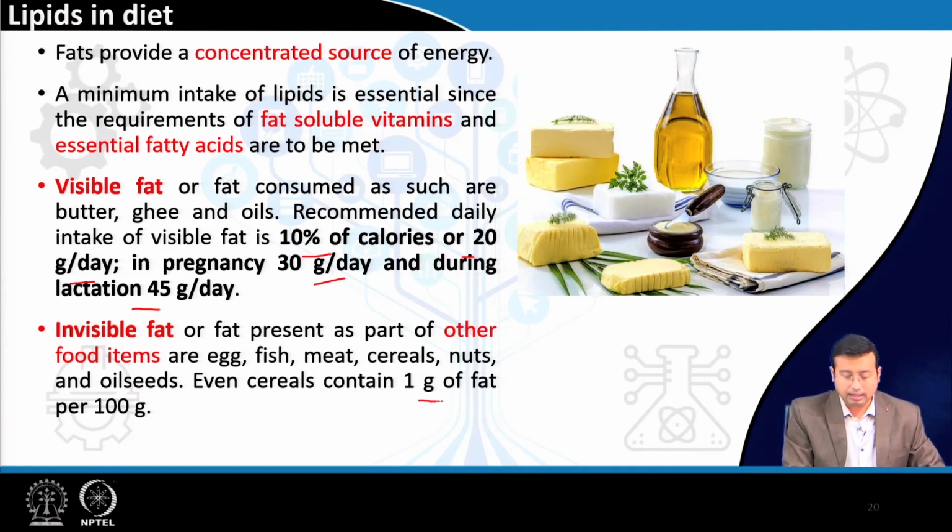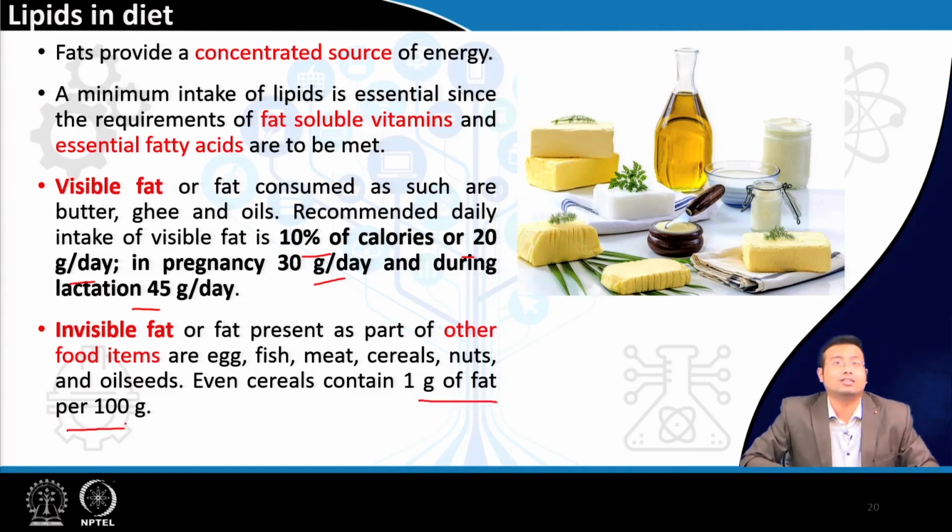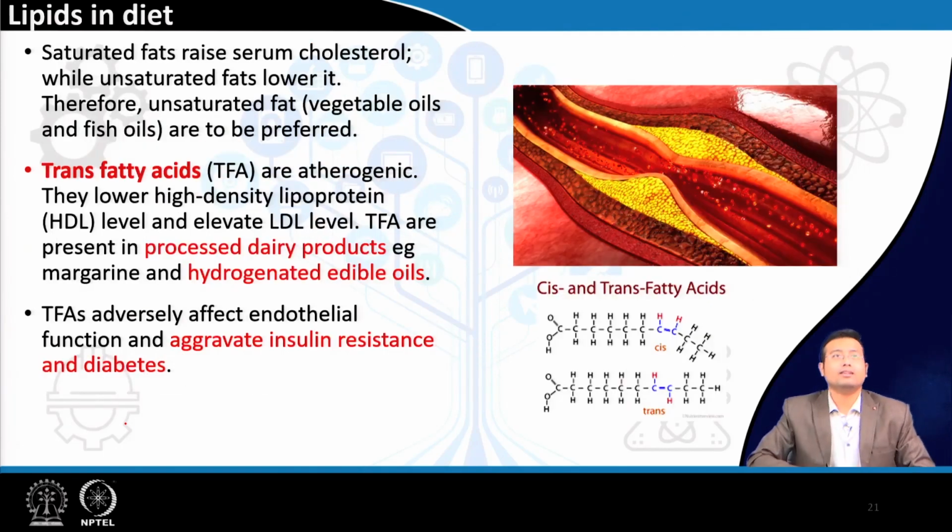For example, cereal has got 1 gram of fat per 100 gram. So, if you are meticulously monitoring the amount of fat that you are taking, these things should be considered. Luckily, nowadays there are multiple applications or apps that will break down the total amount of nutritional ingredients that you consume. You just need to enter the name of the food item and all the subsequent items will be broken down and shown, right.